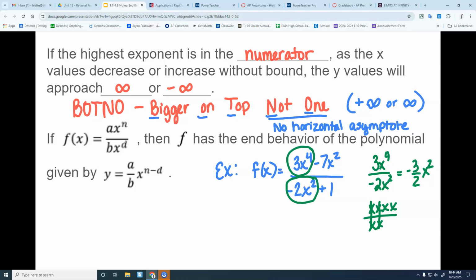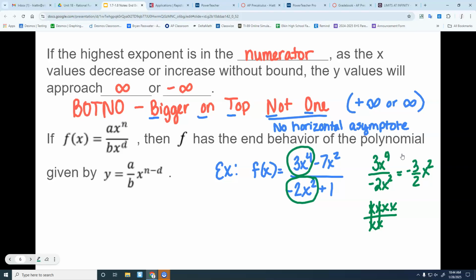So you want to think of what the end behavior of this would be. We will get negative infinity on the right side for sure. What about the left side? Also negative infinity, because we have a negative coefficient there.